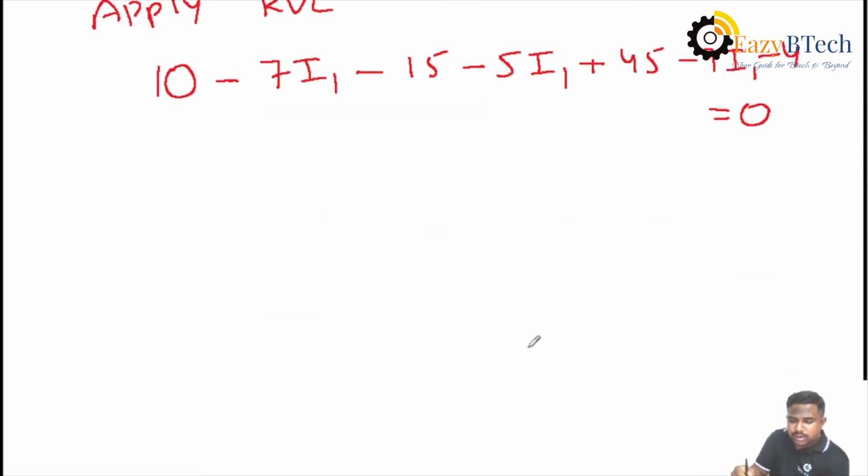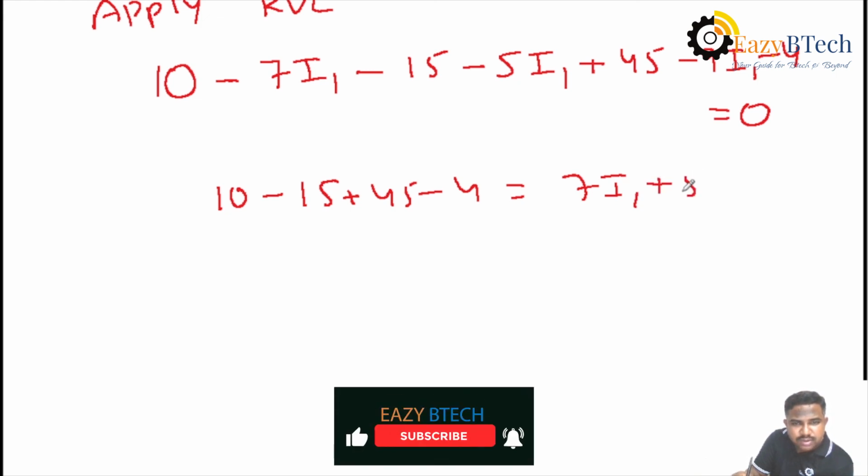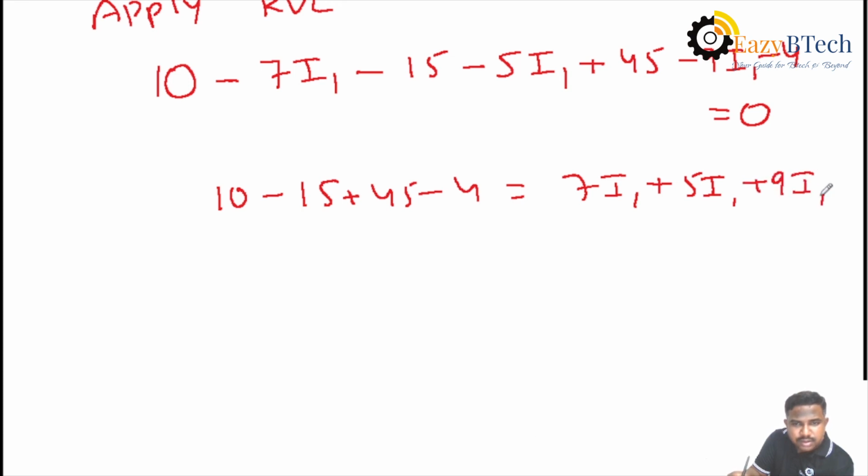Then you can equate on both sides. What are the values here? 10 minus 15 plus 45 minus 4 equal to the unknown values taken outside, 7I1 plus 5I1 plus 9I1.